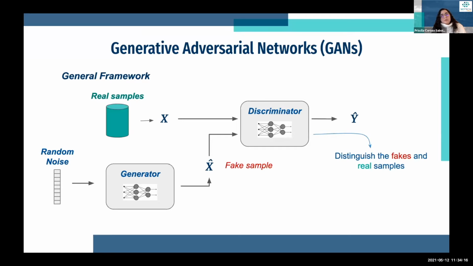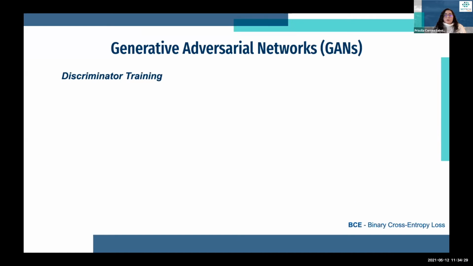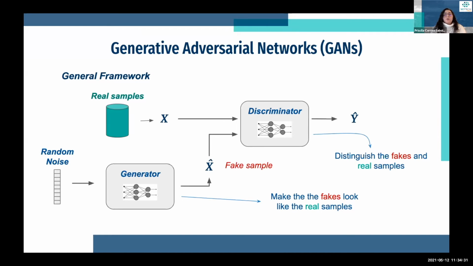And the goal of the discriminator is to distinguish between fakes and real samples. And the goal of the generator is to make the fakes look like the real samples. So this is the general model, okay?